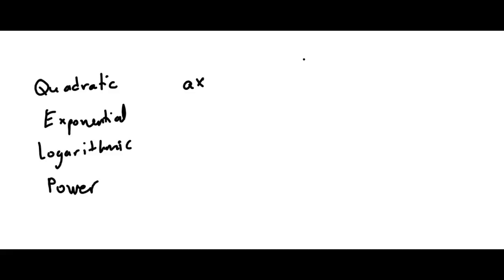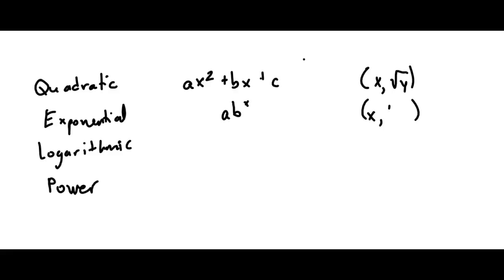So a quadratic function, which takes on the form ax squared plus bx plus c, instead of graphing x and y on our axes, we're going to graph x and the square root of y to make that into a line. To make an exponential function like a times b to the x into a line, we would have to graph x and the natural log of y.